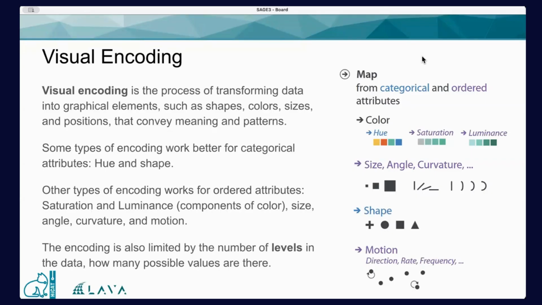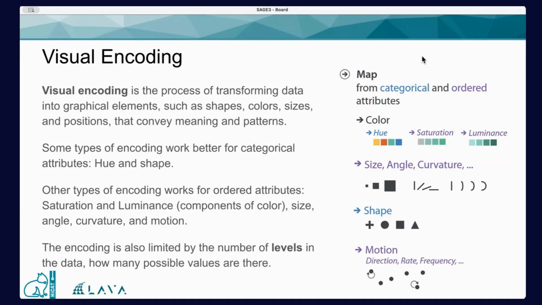If you have ordered or quantitative data, we have other possibilities like saturation, luminance, size of things, and others. We're going to see more examples. So we have to choose the visual encoding based on the type of data that we're looking at.